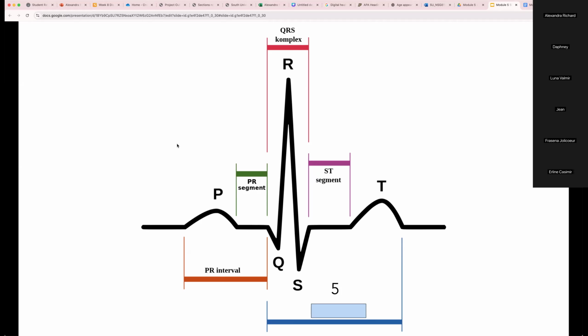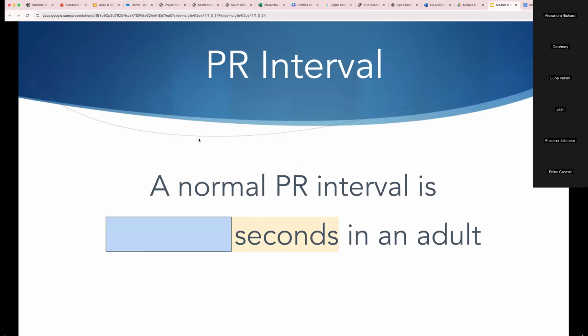So what's most important about the ST segment is the way it looks, right? You want it to be flat. And what is the EKG word for flat? Isoelectric. Very good. Okay, so a normal PR interval is how many seconds?